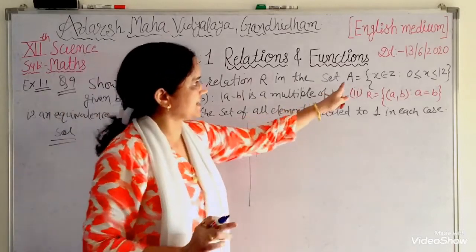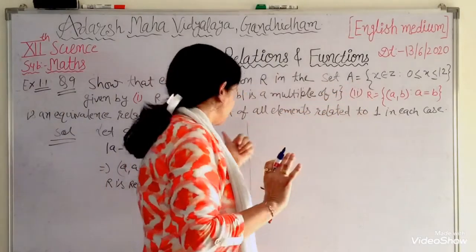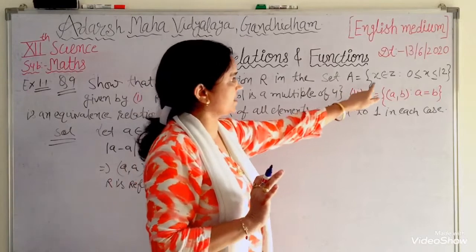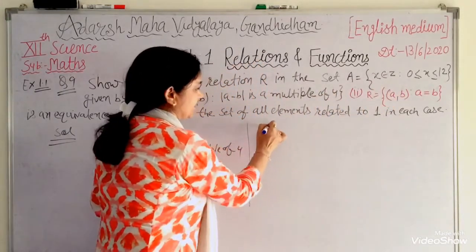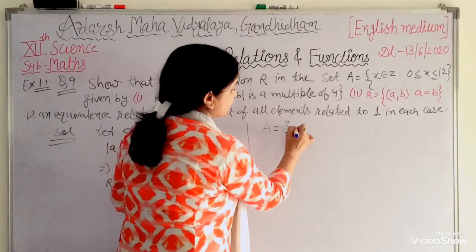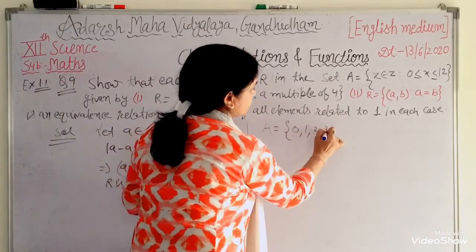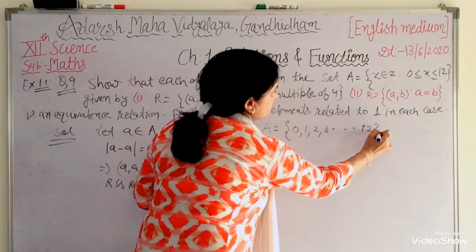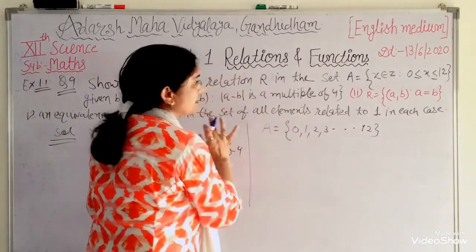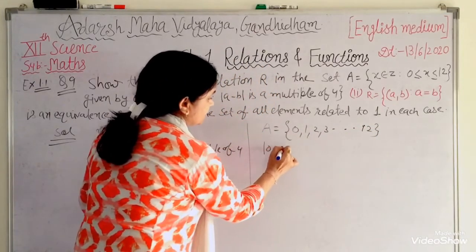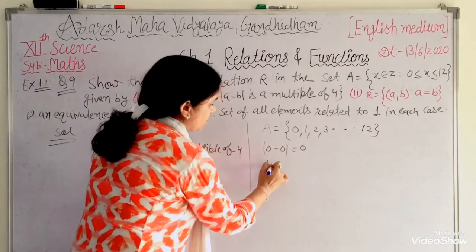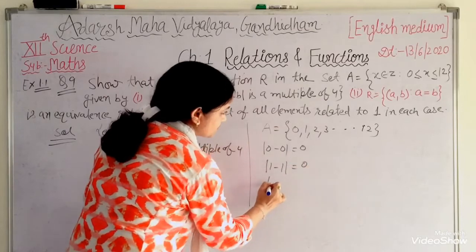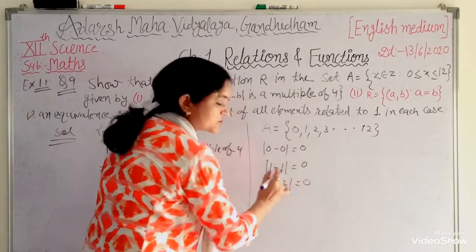Okay. From set A, student, if you are not understanding by this method, you can take it in listing form. Okay, if you write A in listing form, student, the set is {0, 1, 2, 3, up to 12}. Okay, and for the reflexive, if you take 0, 0 minus 0 is 0, a multiple of 4, 1 minus 1 is 0, student, 2 minus 2 is also 0.